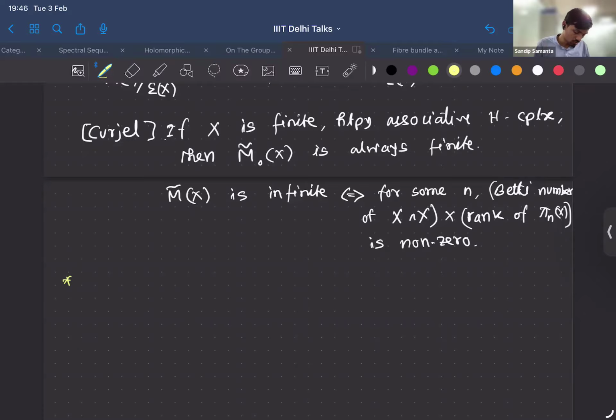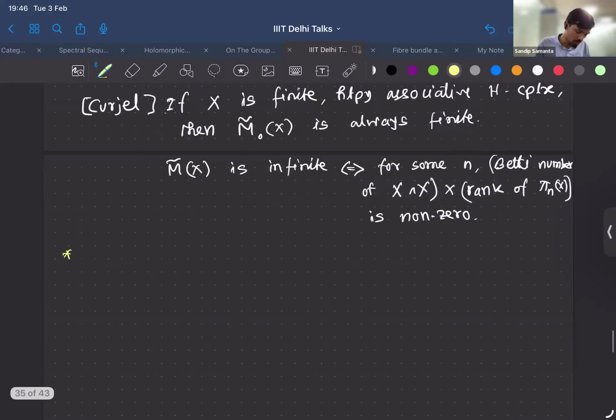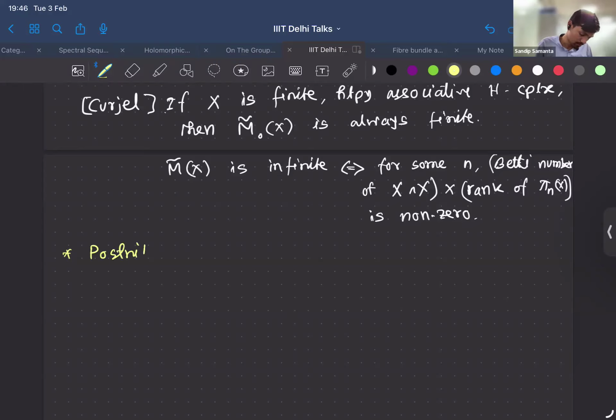So those also help in the other way: for the Postnikov decomposition there is Postnikov invariance, and the Postnikov invariant determination.